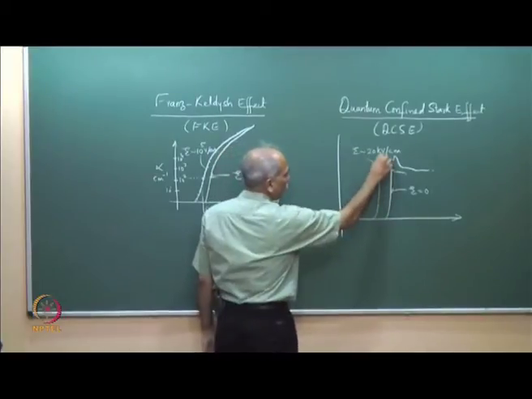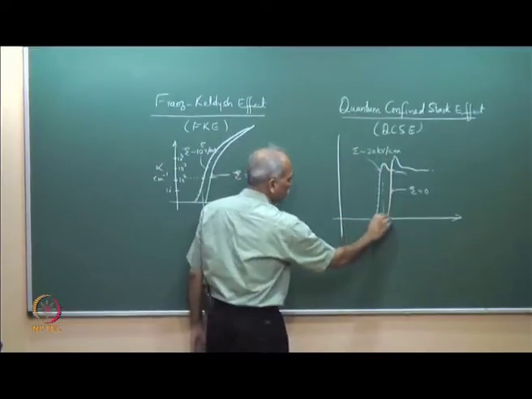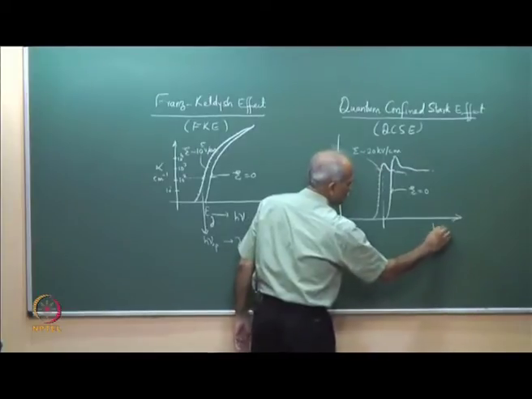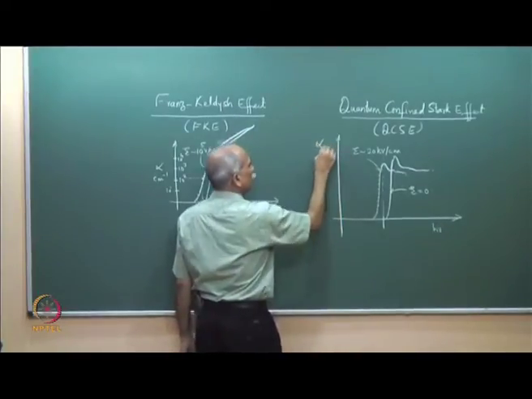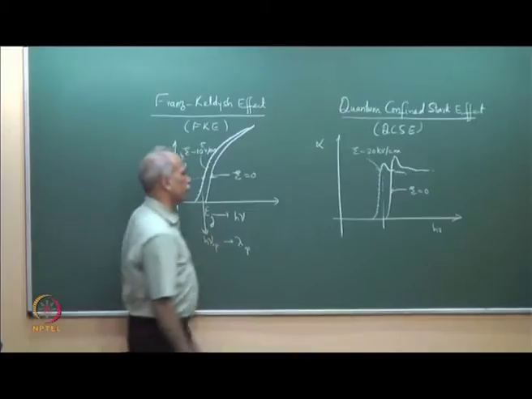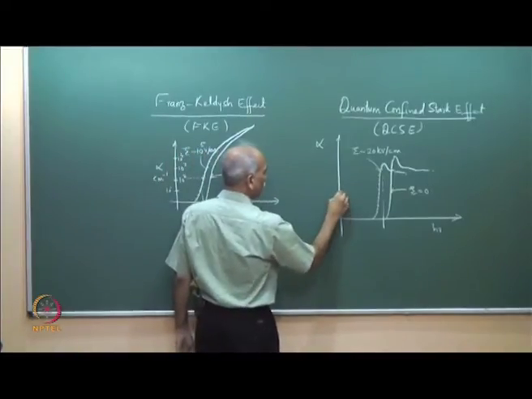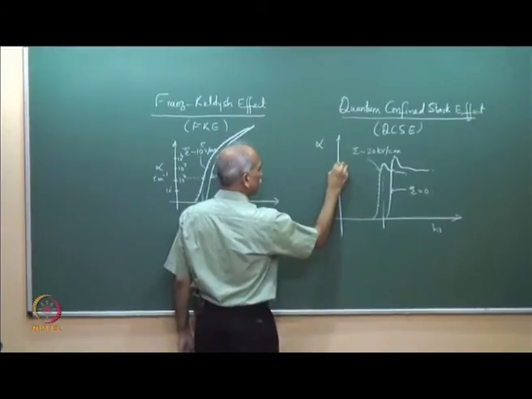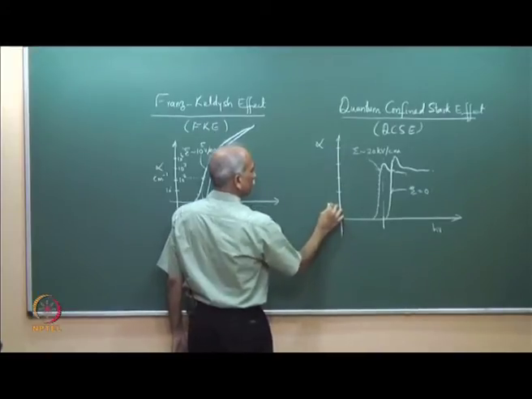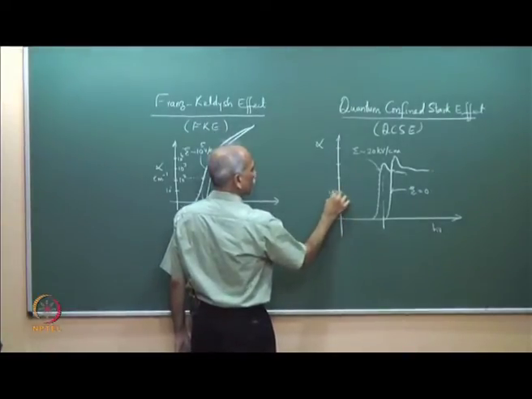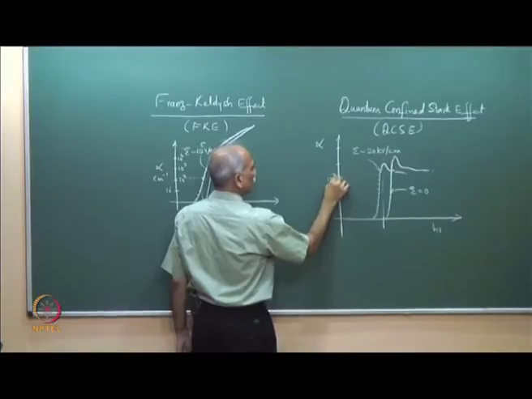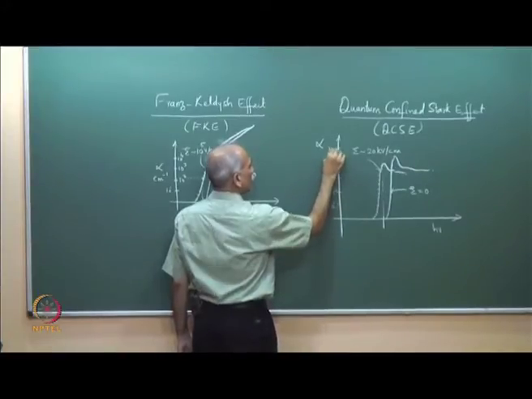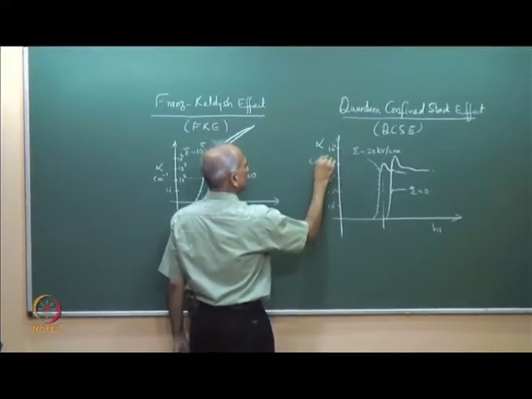So, if you again choose lambda OP here, so this is h nu versus alpha, similar numbers: 10 power 1, 10 power 2, 10 power 3, 10 power 4, centimeter inverse.